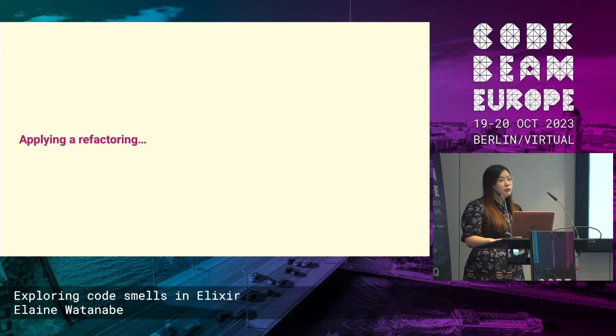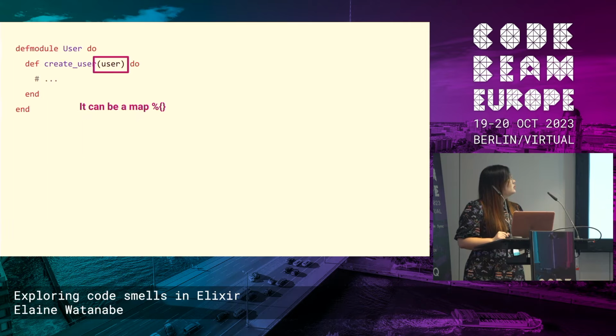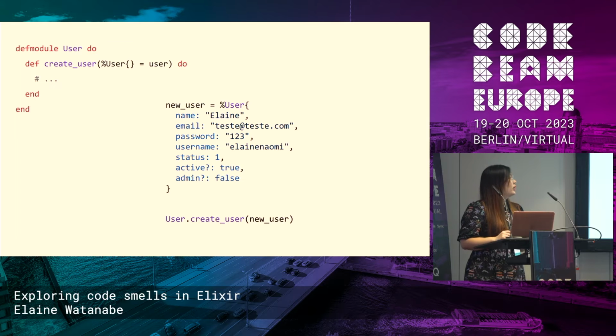So one way of doing a refactoring here is to use a map or a struct, trying to add some validations, making clear the association between the arguments and the values, and it will be easier to add new attributes if you want. Not exactly the ideal code, but just examples.